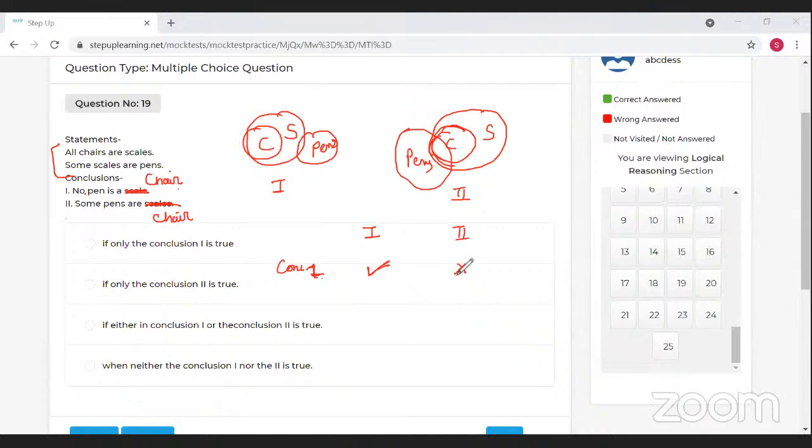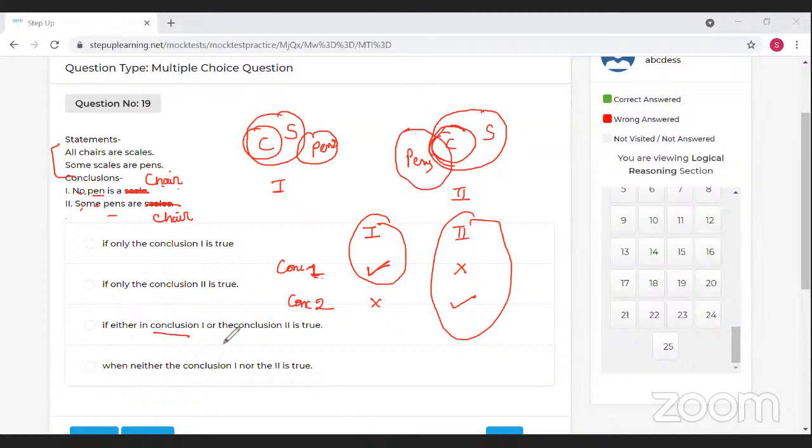Conclusion 2, some pens are chair. It is incorrect in the first, but in the second one, it is correct. So either the first one follows or the second one follows. So whenever you have such a pair, you can directly go with either conclusion 1 or conclusion 2, either or. I repeat.